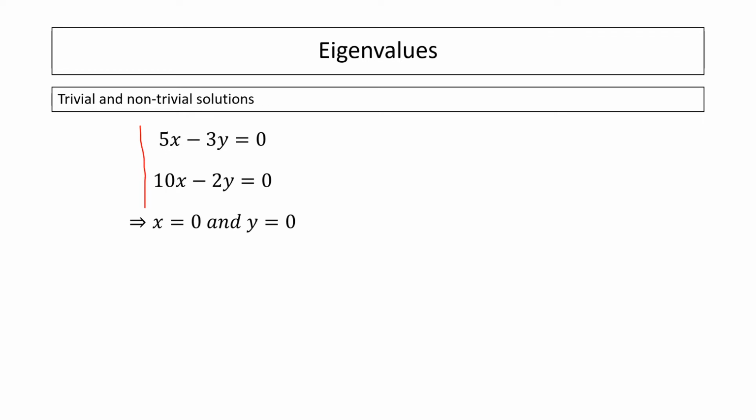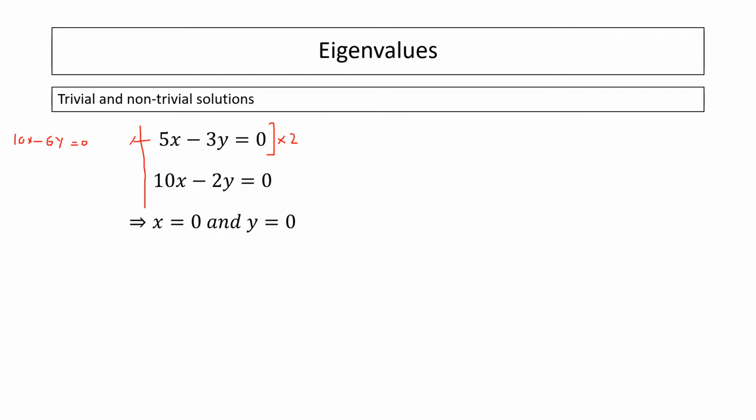For example, by simple algebra, I am doing the elimination method. If we multiply this with 2, it will become 10x minus 6y equals 0.